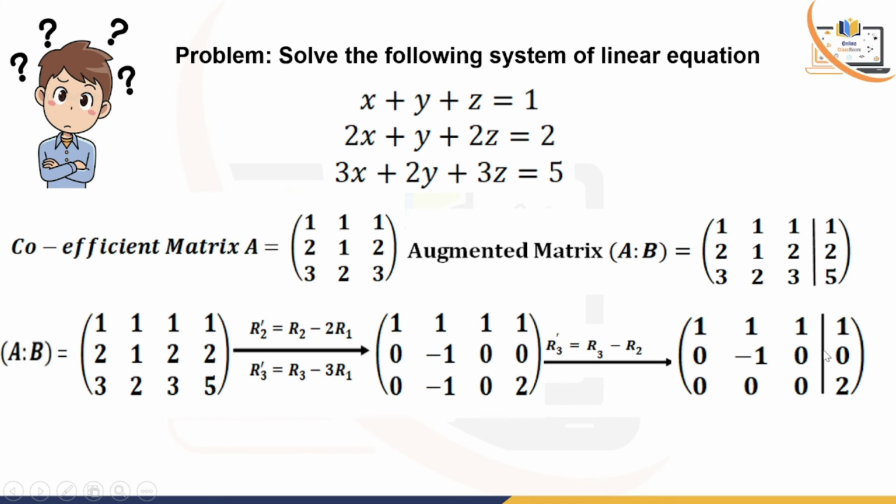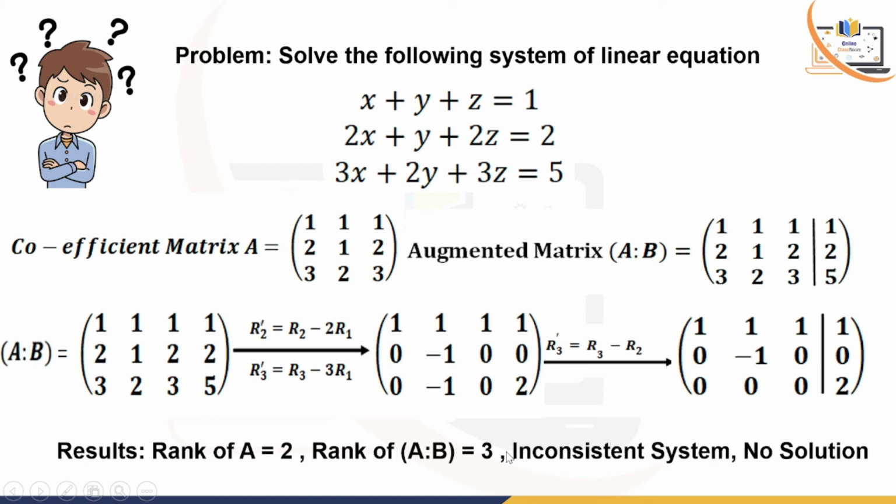But if we consider only the coefficient matrix portion, the rank will be 2, because we have only the first non-zero row and another non-zero row. The third one is 0. So the rank of the coefficient matrix is 2, but if I take it as a whole, the rank of the augmented matrix is 3.